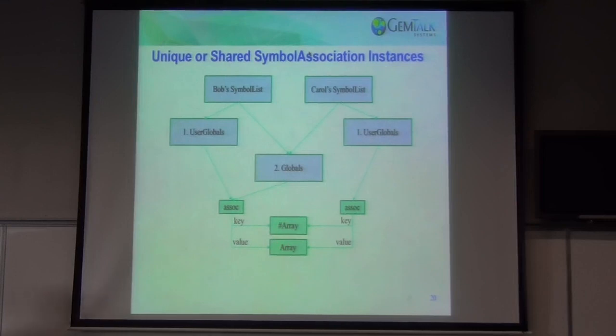So we have different paths to come into this same arrangement. So you could get to the array class through Bob's user globals or through globals, and this association takes you there, or Carol's user globals can take you into this.